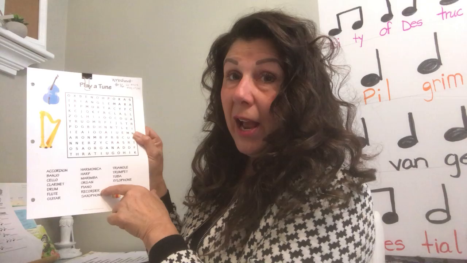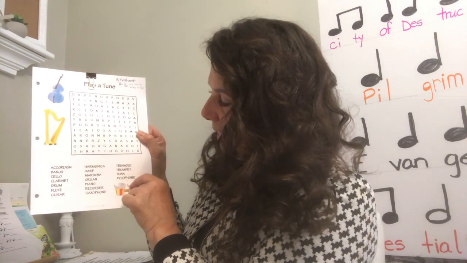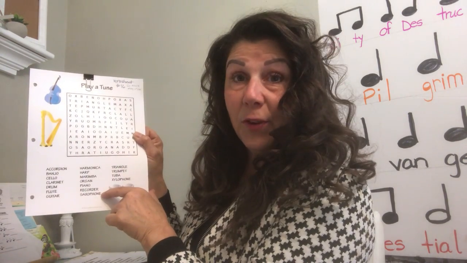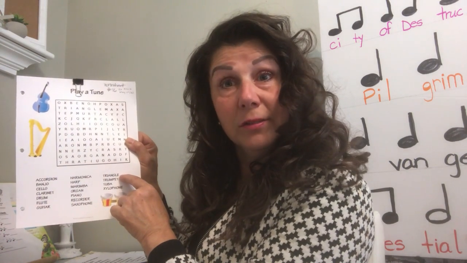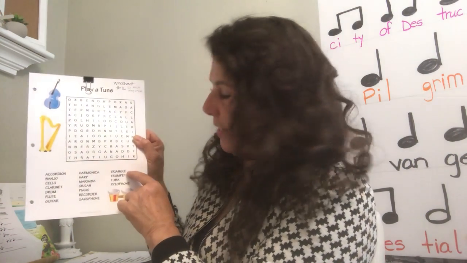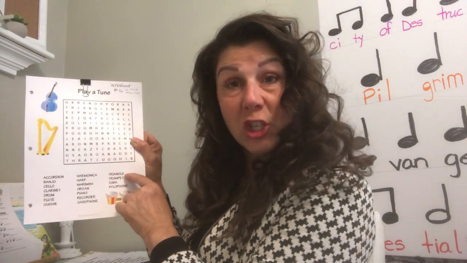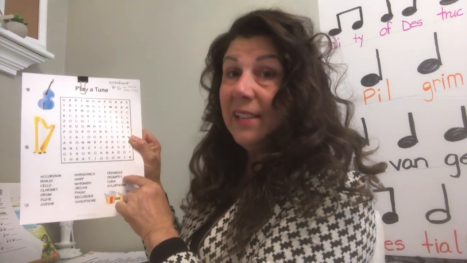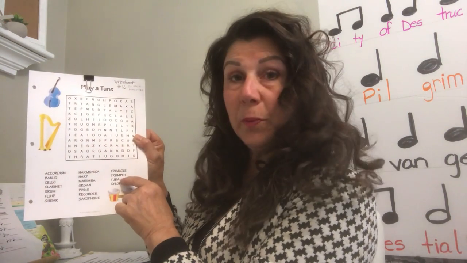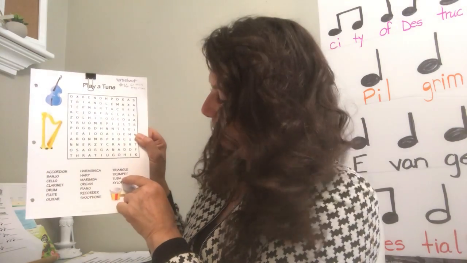The recorder, a wind instrument. The saxophone, from the wind family. The triangle, which is another one that you sometimes see in a symphony, it would be a percussion instrument. The trumpet, a wind instrument. The tuba, a wind family.